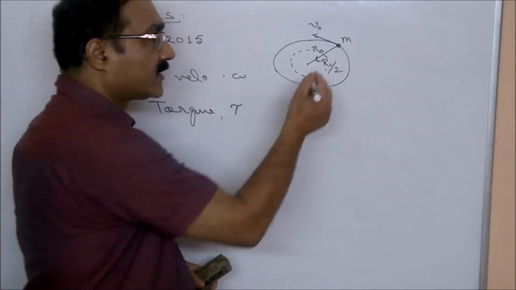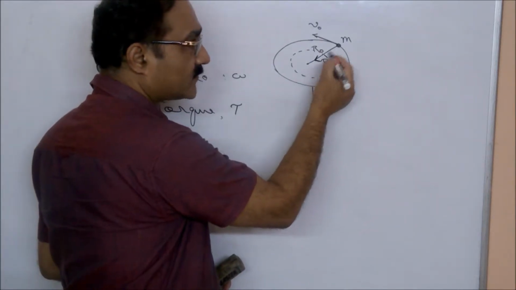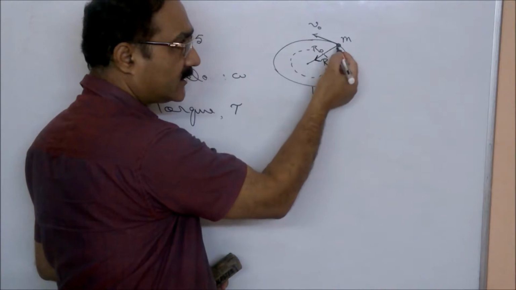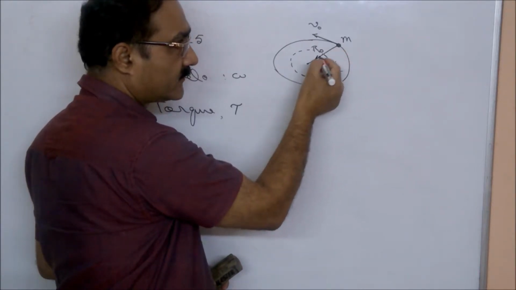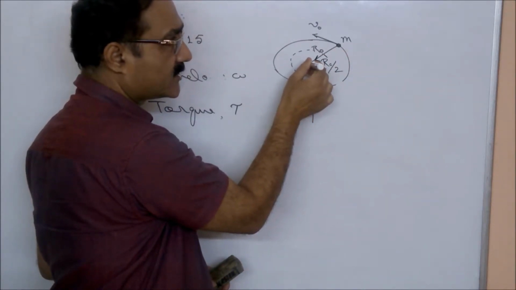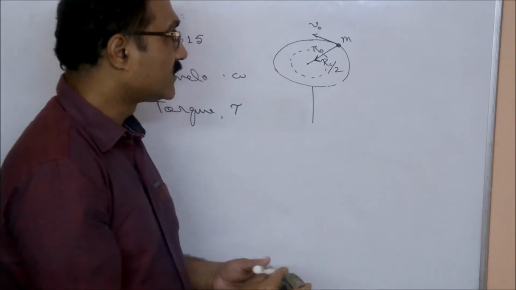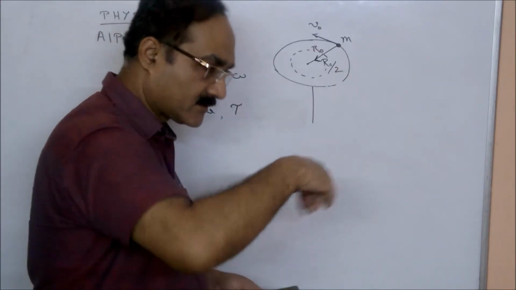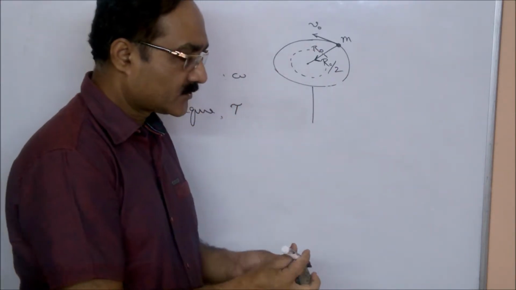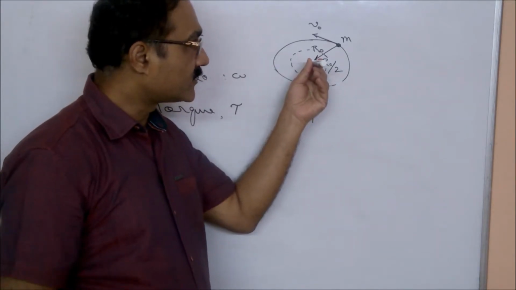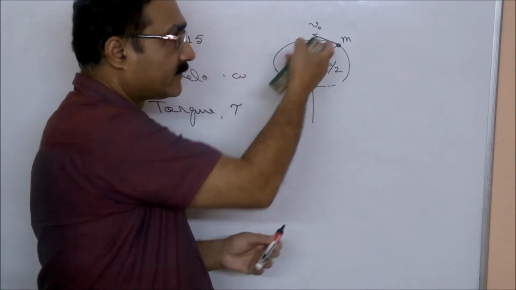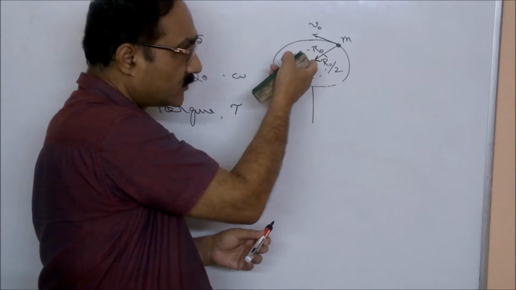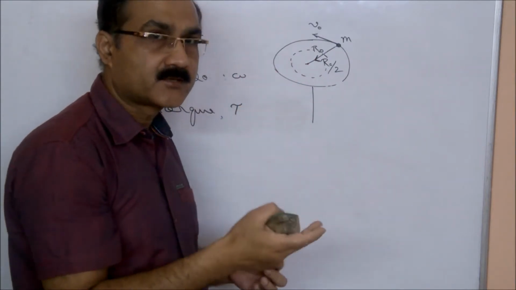See, we are applying the force along the thread in this direction. So the force is passing through the axis of rotation. See, it is rotating like this horizontally, so the axis of rotation is through the center. The force is passing through the axis of rotation.